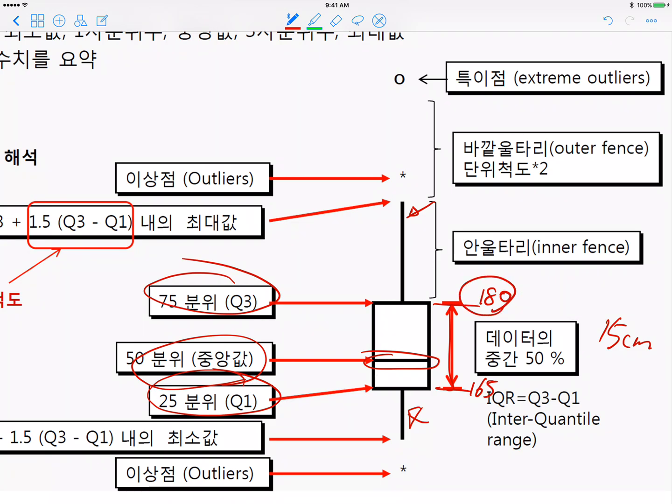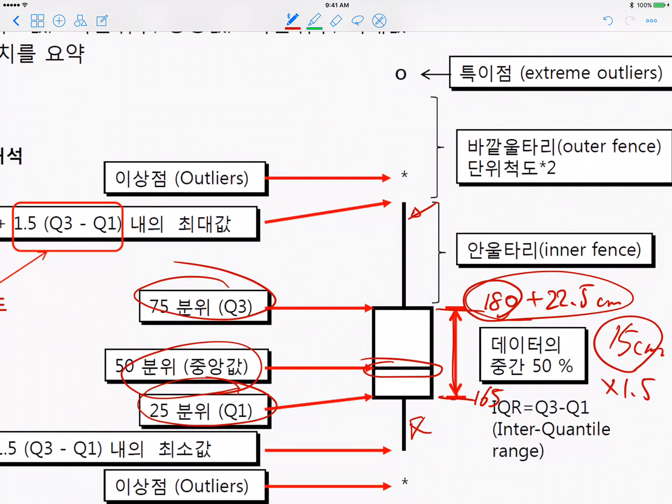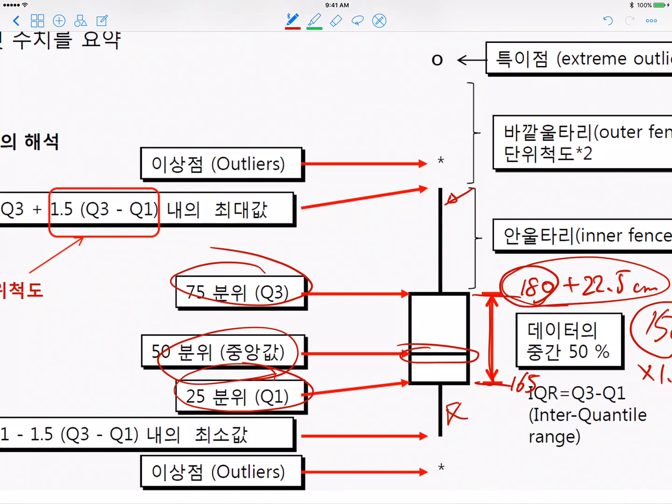So we add 22.5 centimeters, which is this value times 1.5. And then we consider the maximum value that we actually observed. So this is just a range, which is 202.5. That is our maximum possible range.